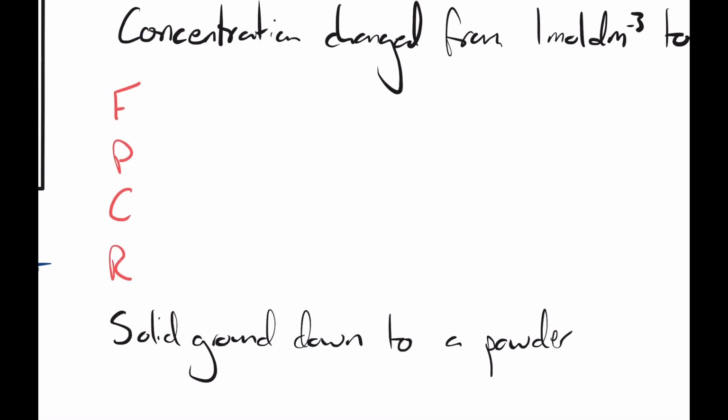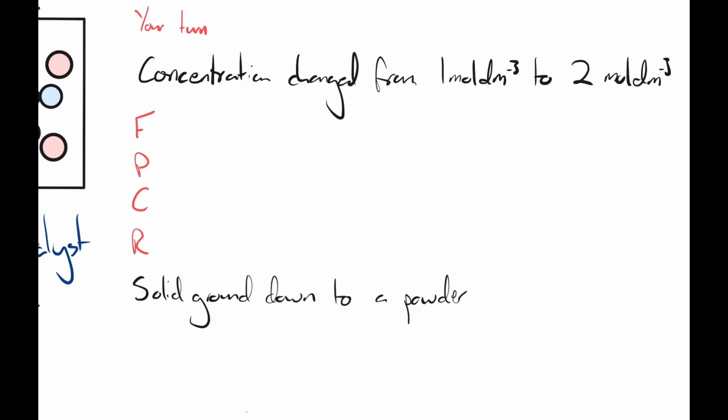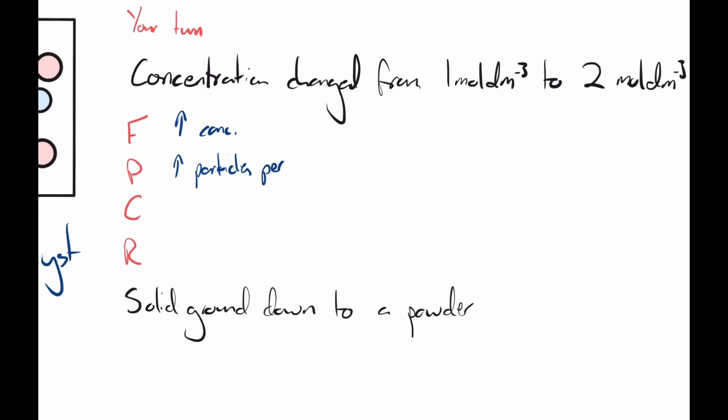Clearly, concentration has changed from 1 to 2. So we've got an increase in concentration. Therefore, more particles per unit volume, let's say per dm cubed, more collisions, faster rates.